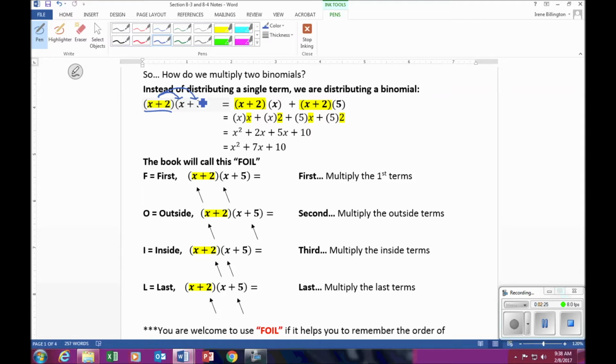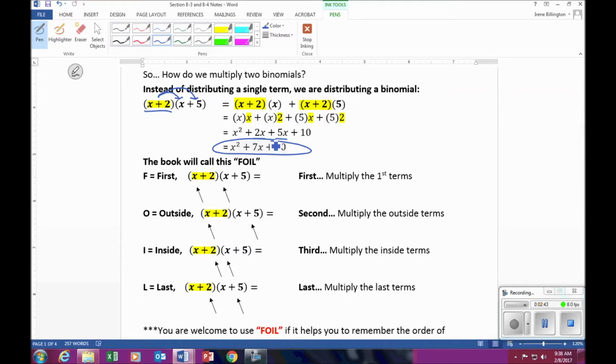So when I take the product of these two binomials, I end up with 4 separate terms. And then we can simplify from there. We end up with two terms that are like terms and can be combined to give us a final answer of x squared plus 7x plus 10.